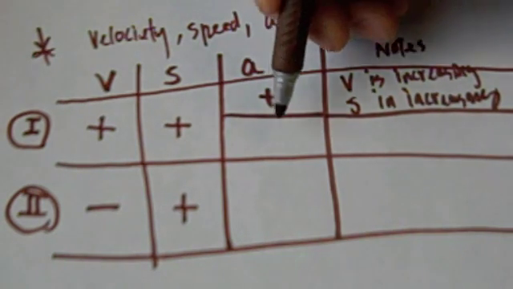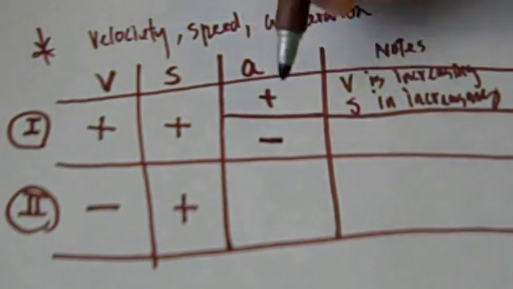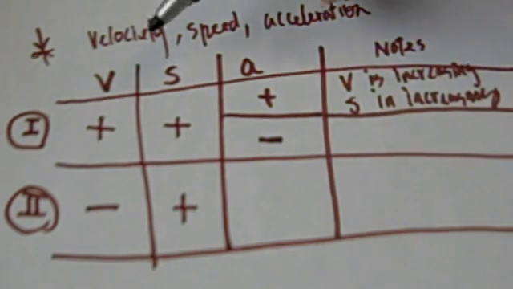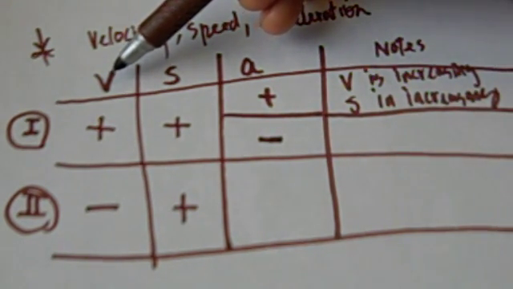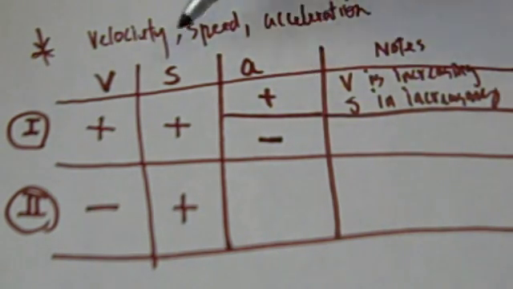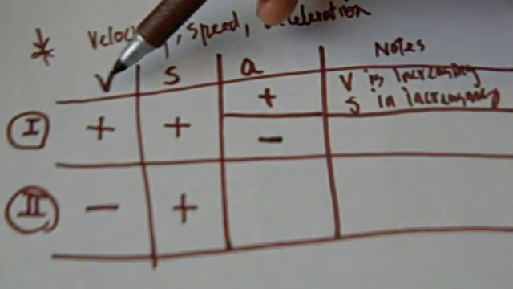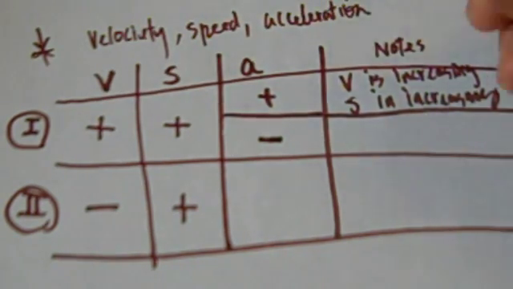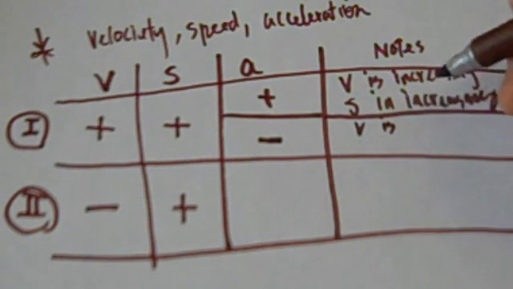Now, what if the acceleration is negative? Well, think about this. If velocity is positive, say 3, and the acceleration is negative, the next moment will go from 3 to 2, 2 to 1, 1 to 0. So velocity is decreasing.